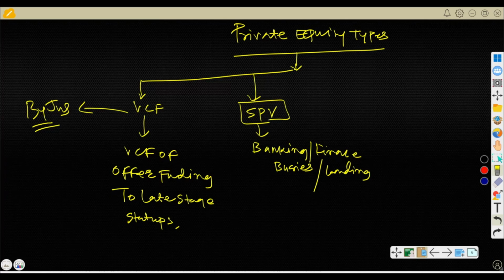Here private equity can form a special purpose vehicle to support banking and finance or lending businesses, where the SPV provides direct funding to that institution and takes control of their assets or cash flows, converts those cash flows into assets, and sells those assets to different investors.